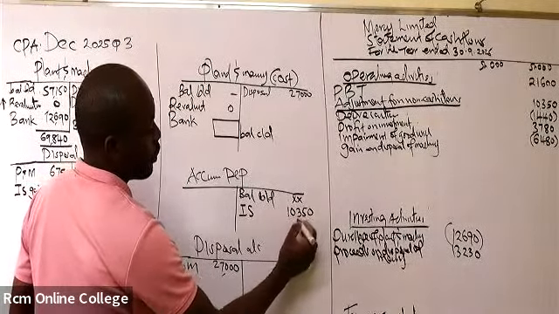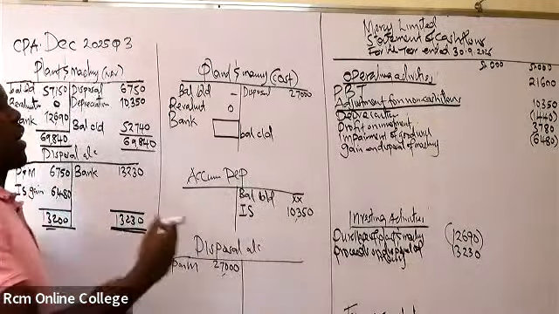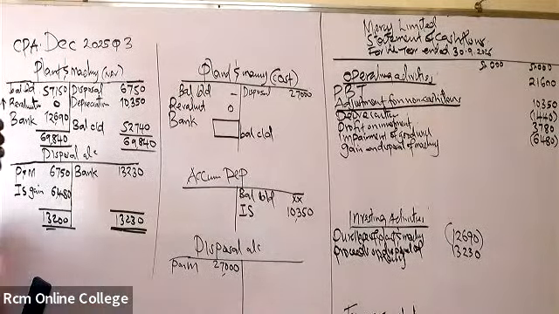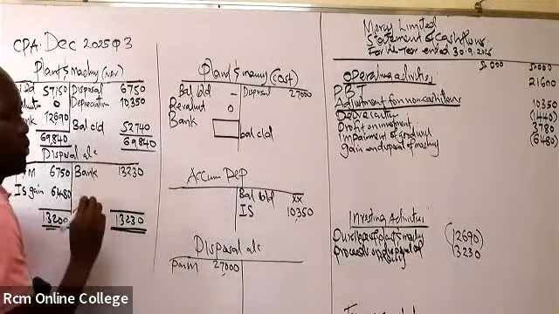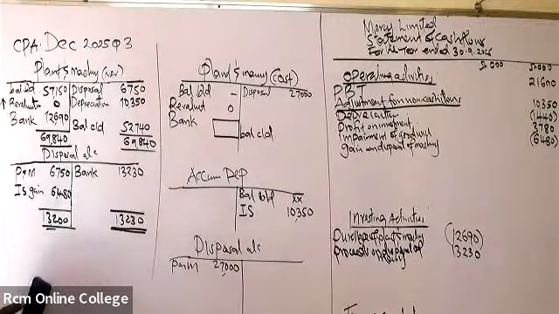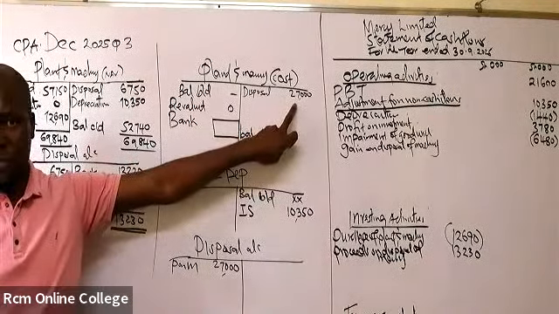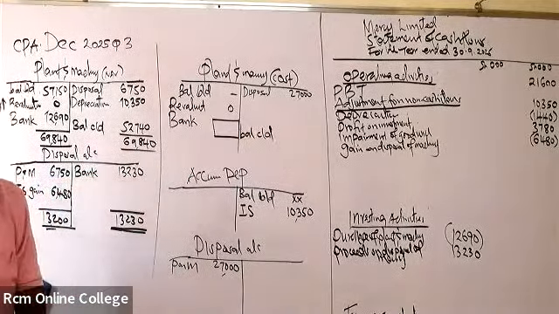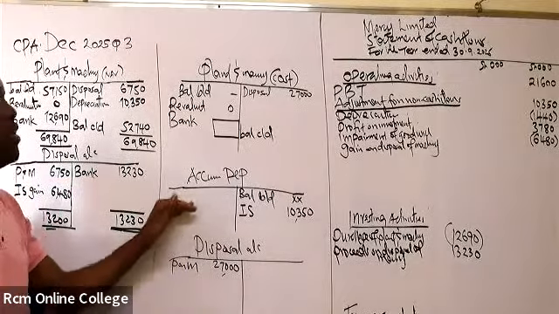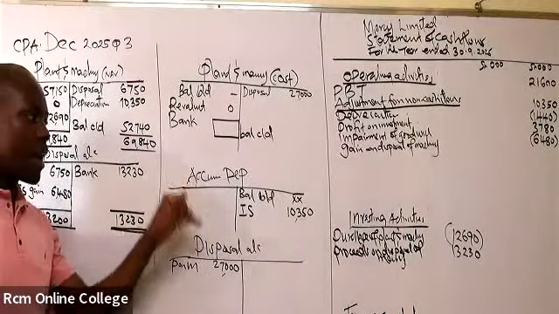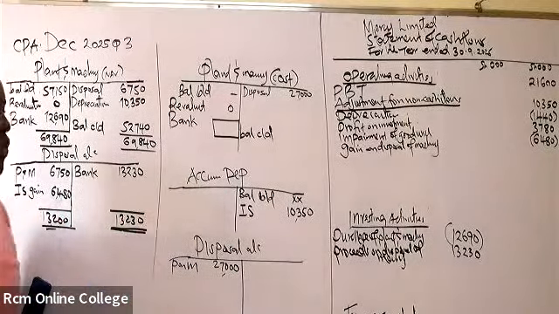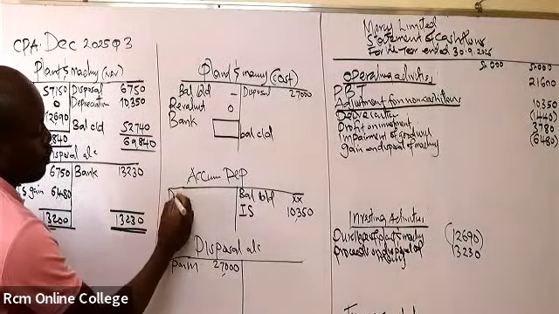In other words, it will increase the amount in the accumulated depreciation account. Now, since the asset whose cost is 27,000 is being disposed, we also have to eliminate its accumulated depreciation, so we'll take it to the disposal.